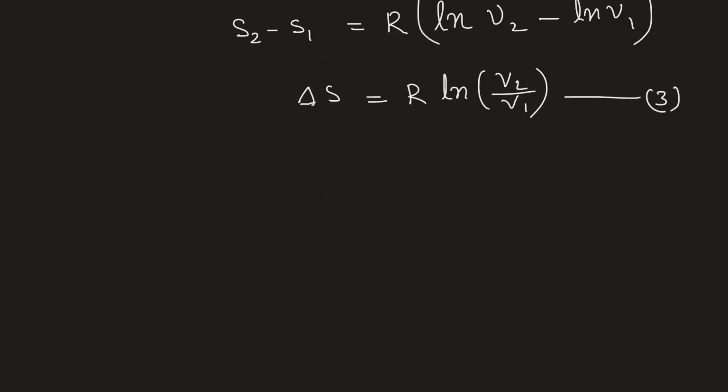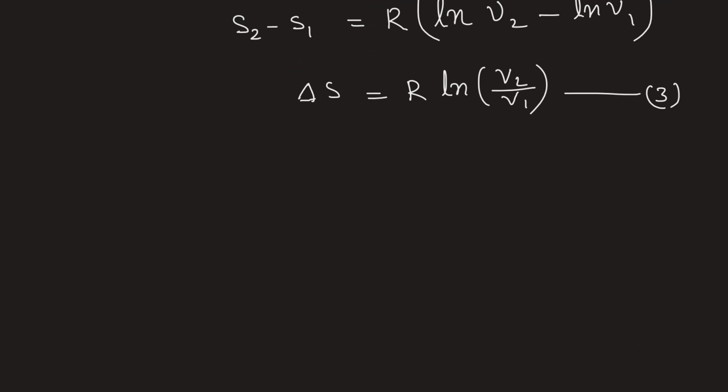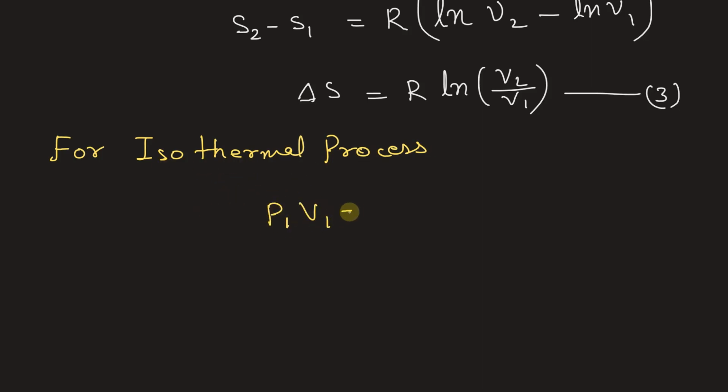Now we are given the process is isothermal, right? So for isothermal process we can write P1 V1 is equal to P2 V2, because PV is equal to nRT. Here R is constant, and n is constant.